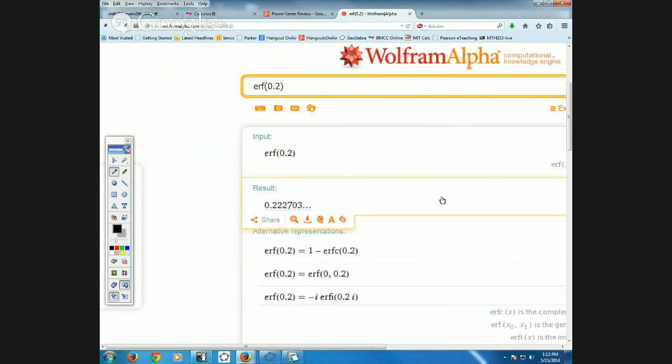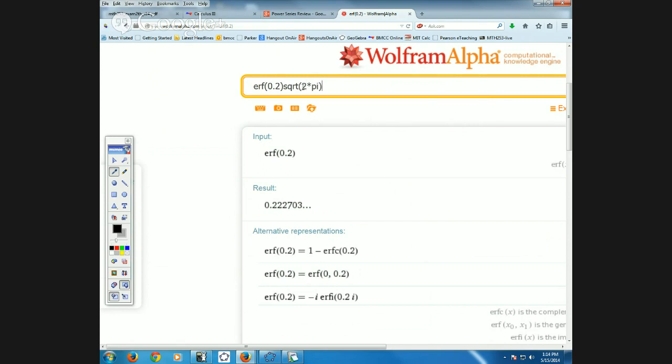Wolfram Alpha thinks the actual answer should be 0.22. Interesting. Oh, that's because I didn't have the actual error function. I have a multiple of the error function, because the error function has a square root of 2 pi in it. So what if I multiply that by a square root of 2 pi?